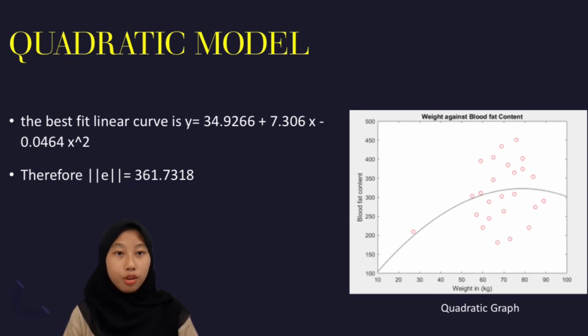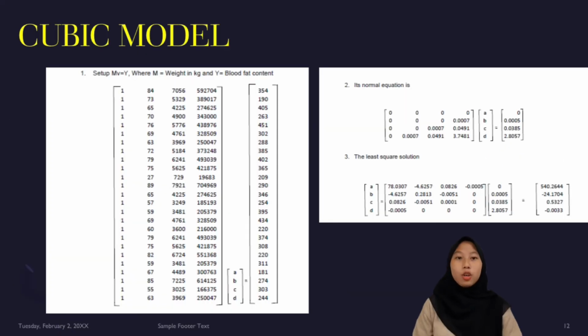Therefore, the magnitude of the error that we are looking for is 361.7318. After plotting the graph using our software, we can see the graph showing the quadratic graph here.